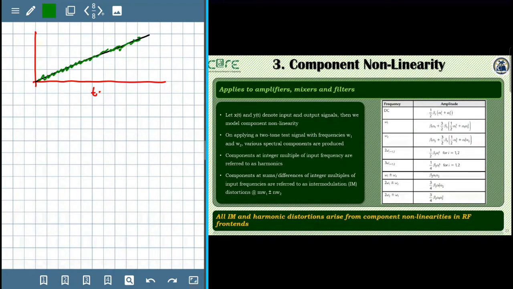Besides the saturation in input-output relationship, another consequence of component nonlinearity is what we refer to as intermodulation distortions and harmonics.